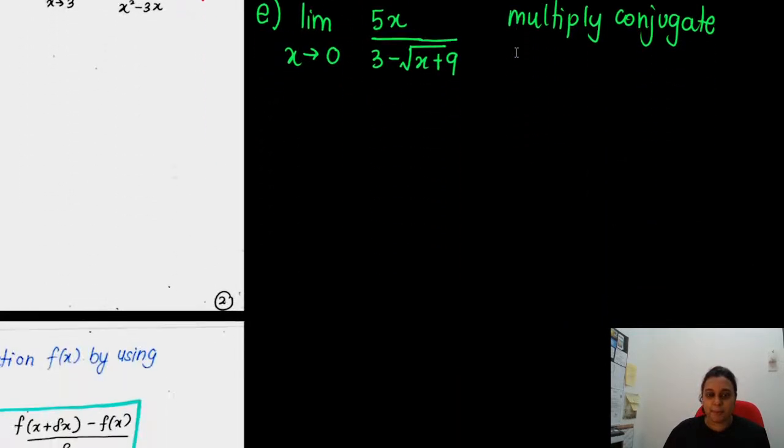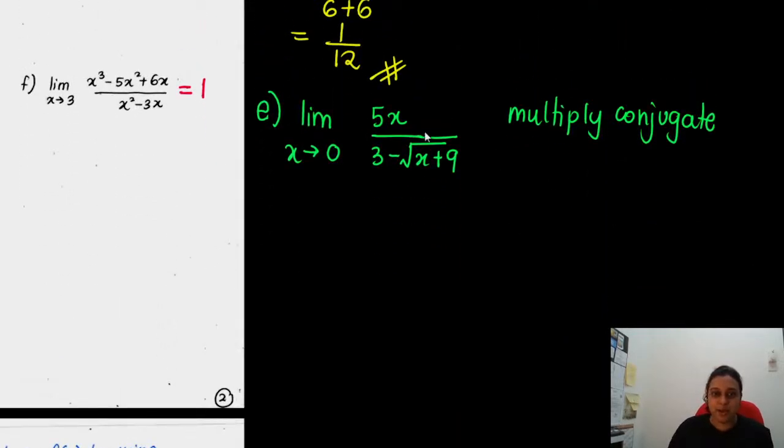Multiply the conjugate. So what is the conjugate? The conjugate will be 3 plus the square root of x plus 9. The minus outside the square root will change, so don't change the sign inside the square root.